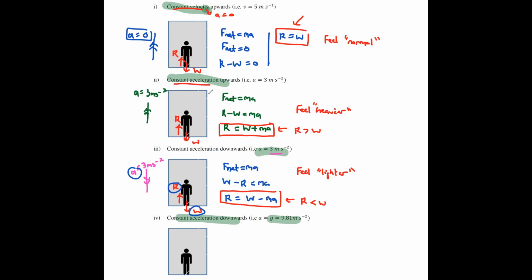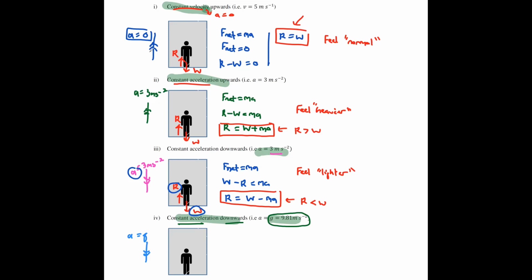The fourth case here is a bit special. It's still talking about you having a constant acceleration downwards, but this time your acceleration is equal to the gravitational acceleration itself, so a equals g. I make use of the same equation as before.